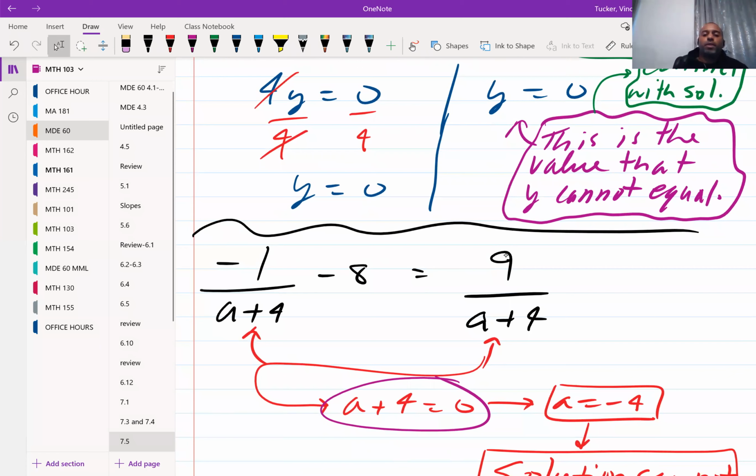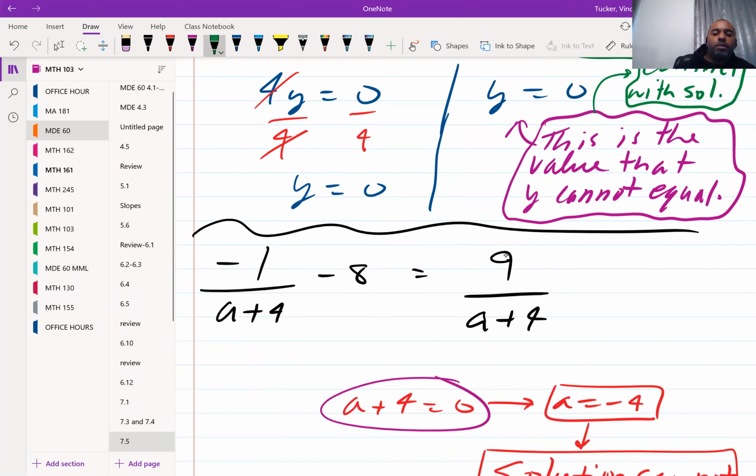All right. So for the next one, negative 1 over a plus 4, minus 8, equal to 9 over a plus 4. So remember I mentioned that you can check for your extraneous values first if you want. I went ahead and did that.